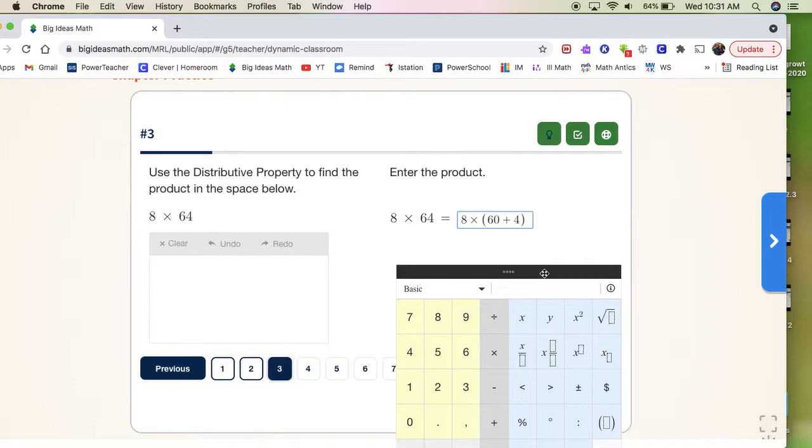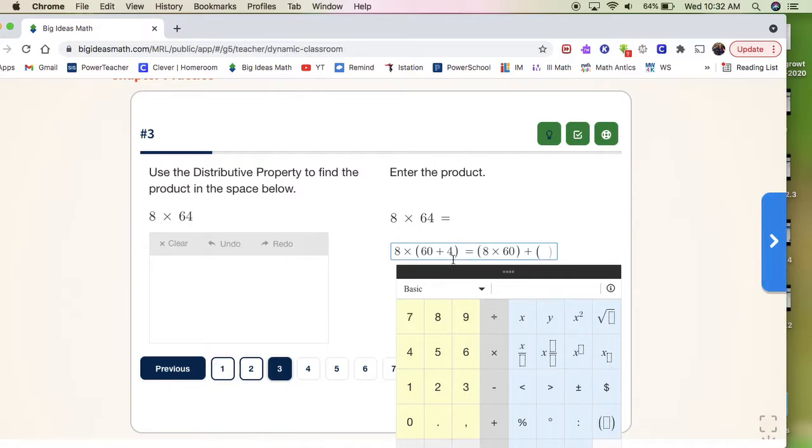Now we've got to actually distribute 8 across 60 and across 4. So we're going to say that equals 8 times 60, that's our first one, and since it's addition, we're going to say plus, remember it's not just 8 times 60, it's also 8 times 4.